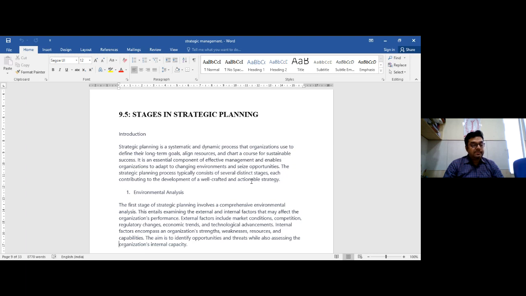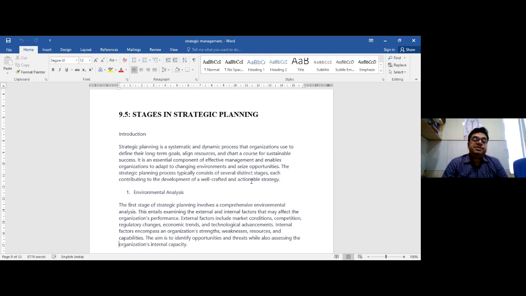Align resources. So resources also need to be aligned in terms of whatever planning we are doing, and chart a course ultimately that would lead to sustainable success for the firms.